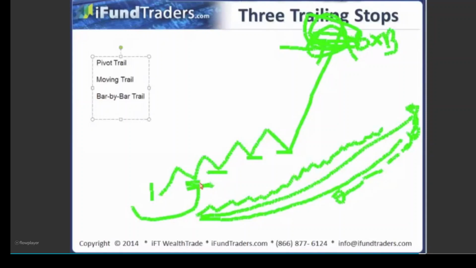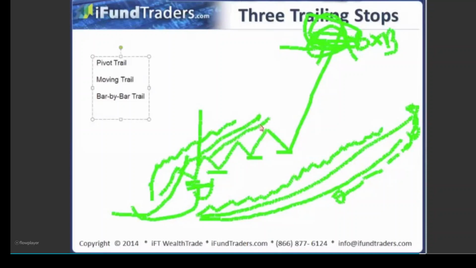You could go to 5 from here and then go bar by bar, but then it could become the next pivot. Or you could get in and the stock starts grinding, and then you move to moving average and you never got a chance to break-even stop. So when does the break-even stop come into play then?